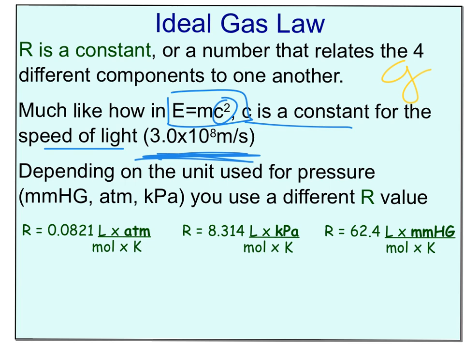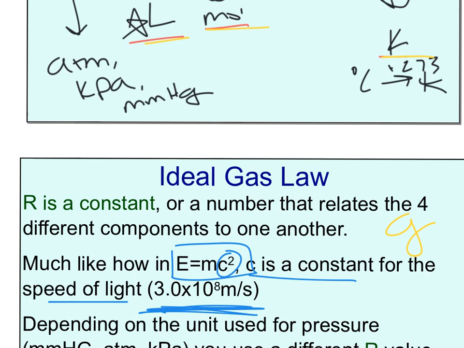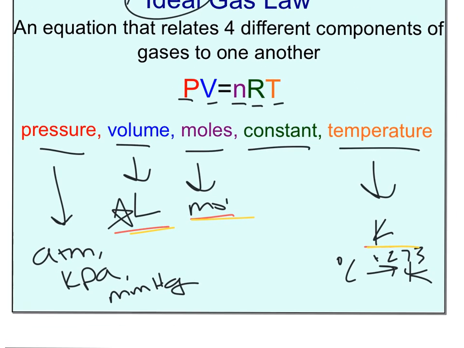But, again, for the ideal gas law, if you remember on the previous slide, temperature is always Kelvin. Moles is always moles, volume is always liters, but since pressure can change in its unit, the constant used for R also changes. Because if you think about it, at room temperature, the pressure is usually like 1 atmosphere.